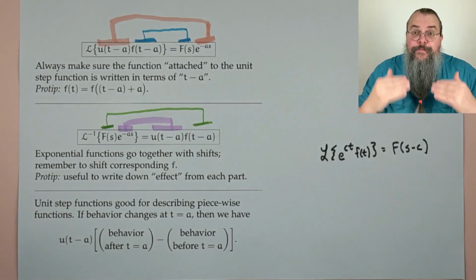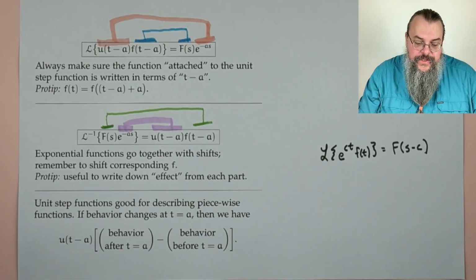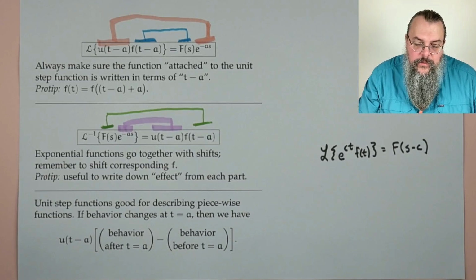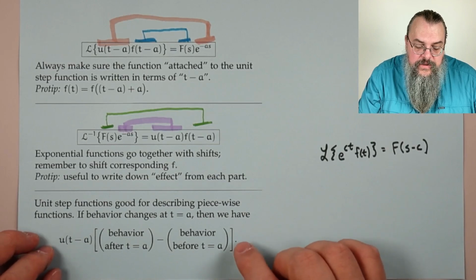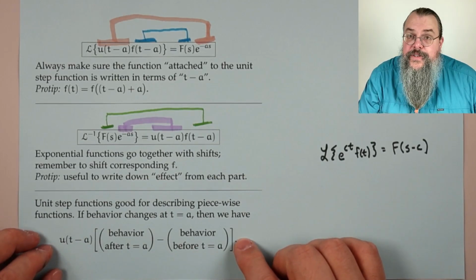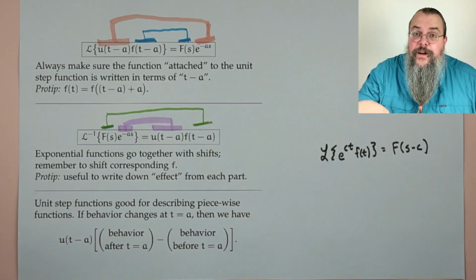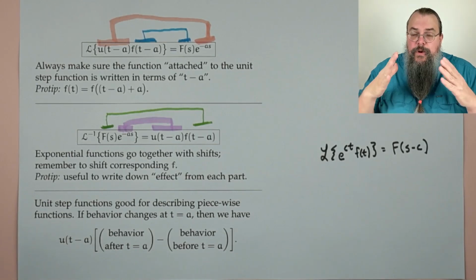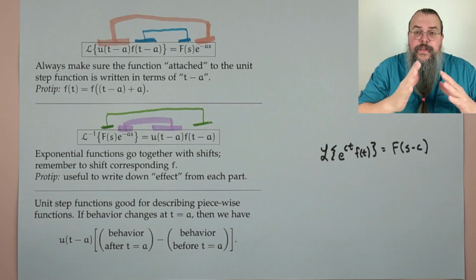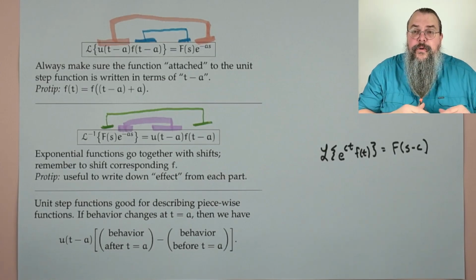Now, I mentioned we're talking about piecewise functions, and the reason we bring it up with the unit step functions is that unit step functions are great for piecewise functions. It's that on-off behavior. Suppose I have something which changes behavior at several points.